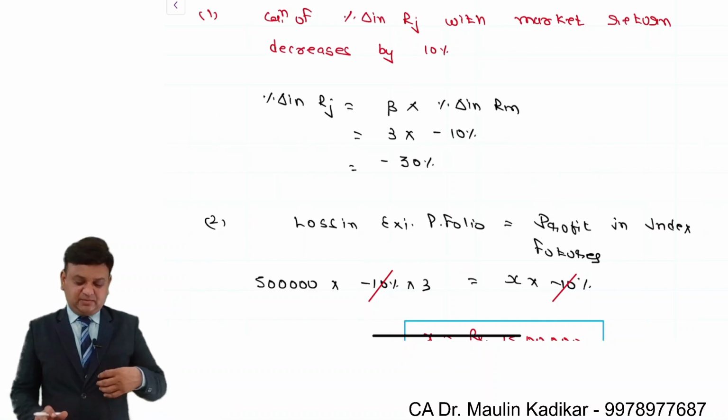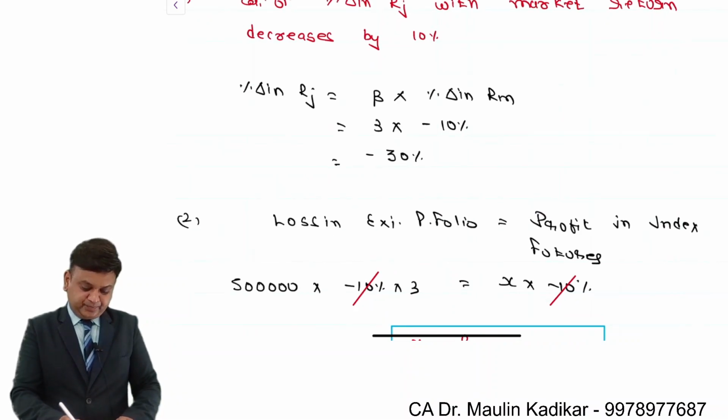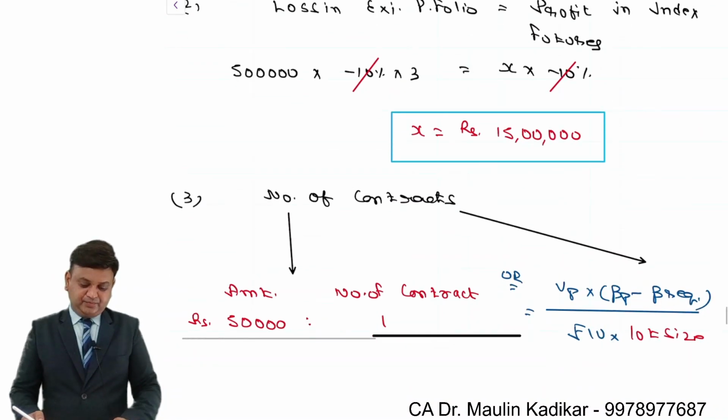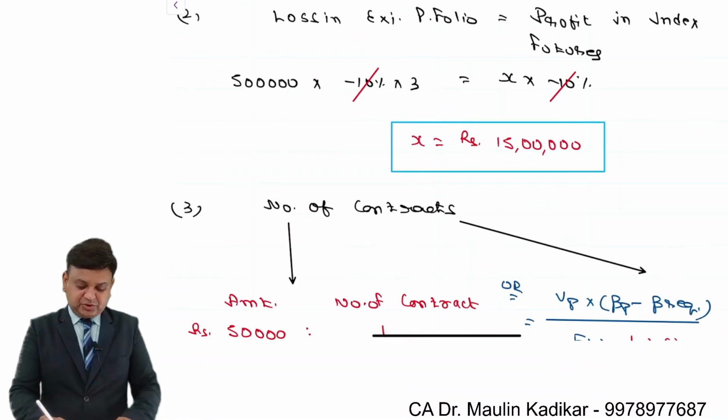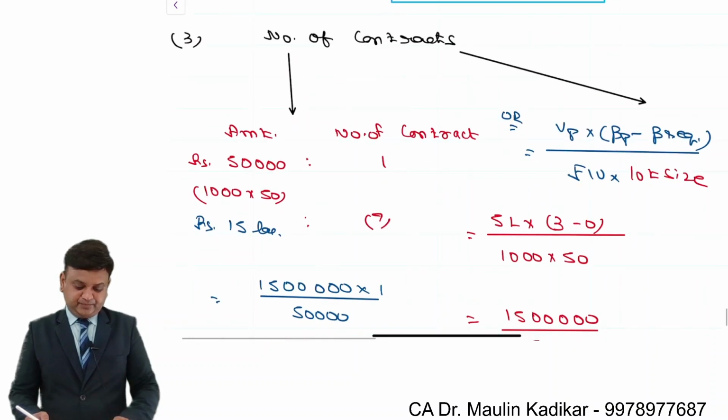So again a small summary of the working. First of all, computation of the percentage change in the return of the portfolio when the market decreases by 10%, which is 30%. Then the amount of the short position, 15 lakhs, that is the loss in the existing portfolio to be compensated with the profit in index futures.